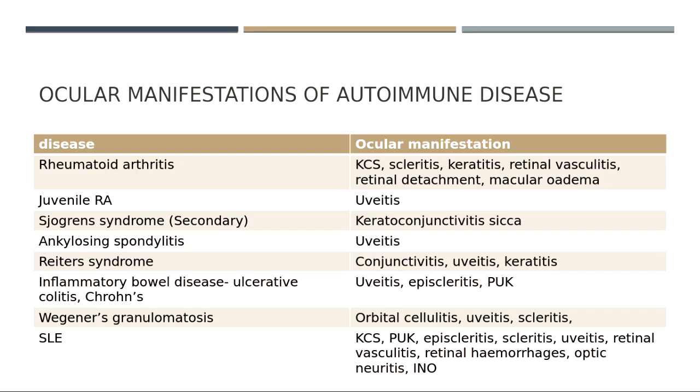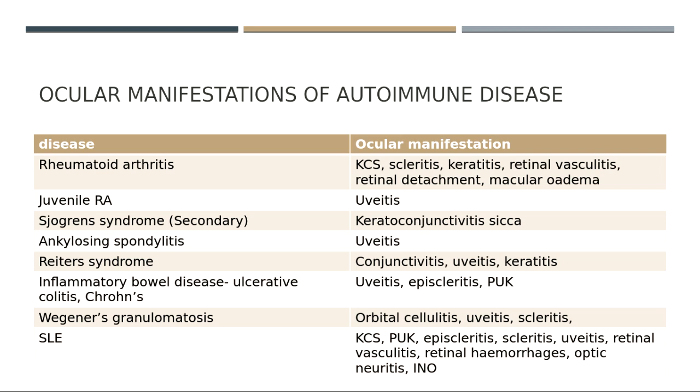Alright. So this is basically a table just giving you a little idea of the different ocular manifestations of autoimmune disease, and you can go through all of that. The main diseases which cause eye problems are rheumatoid arthritis and SLE, but the others are associated.